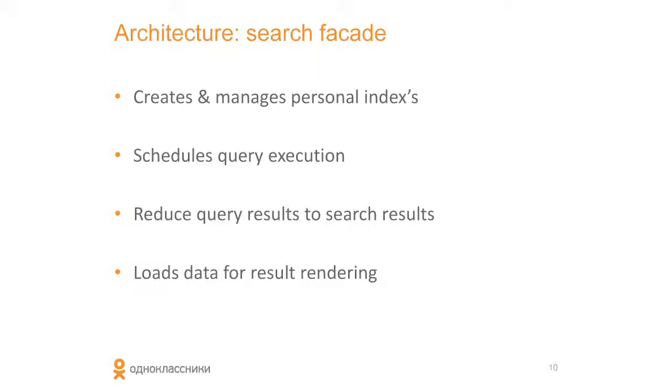So, the search facade. It creates and manages personal indexes. I will discuss how they are managed a bit later, but what's important is that when a search request arrives, we inspect whether we already have your personal index.